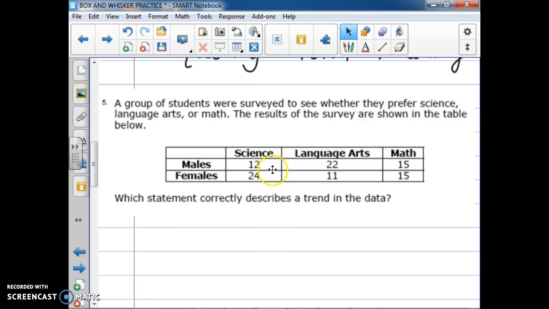So for instance, in this cell right here, 12 would represent 12 males that prefer science. Same thing here, this 24 would represent 24 females that prefer science. And so on and so forth for language arts and math.